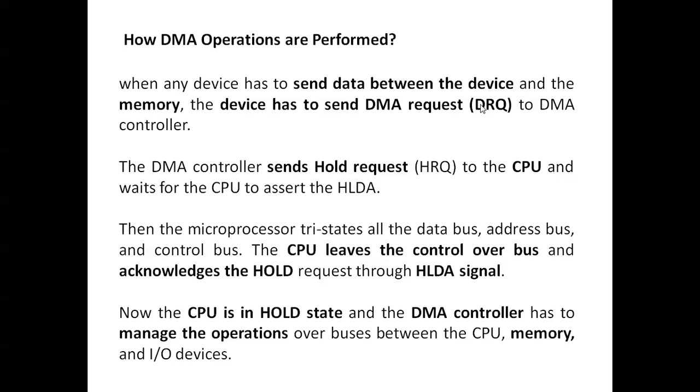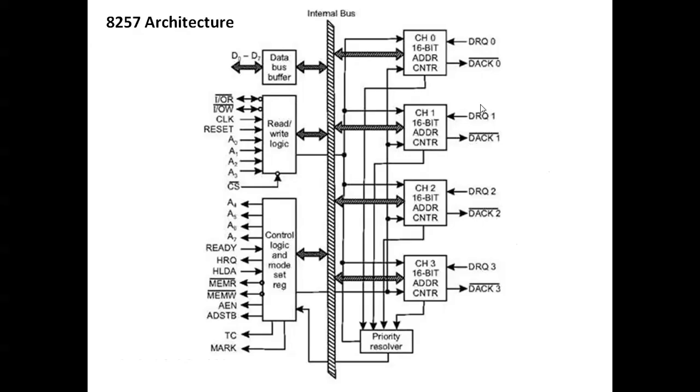Now the CPU is in hold state. Then the DMA controller manages the operation over the bus between the CPU, memory and input output devices. So this is the basic architecture.